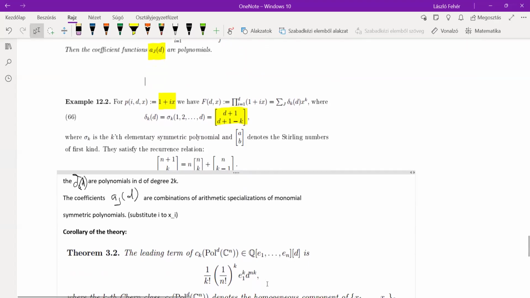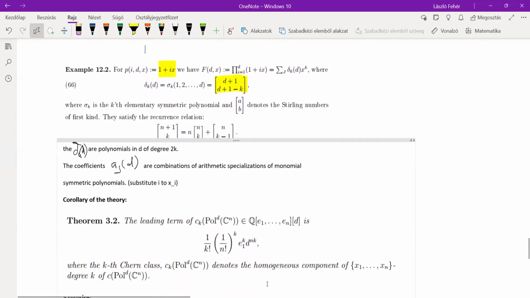It turns out that the theory implies the following: the leading term of the kth Chern class is a power of E1, which is the same as C1, of course. So you take the kth power of this guy, and you can see that the degree of this polynomial is d to the n times, the degree is n times k.